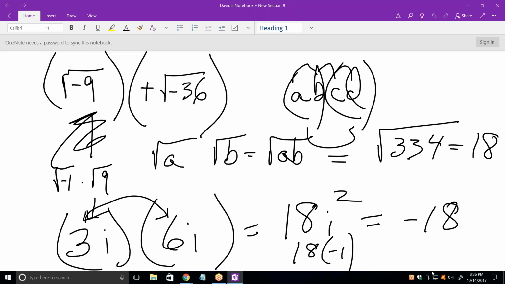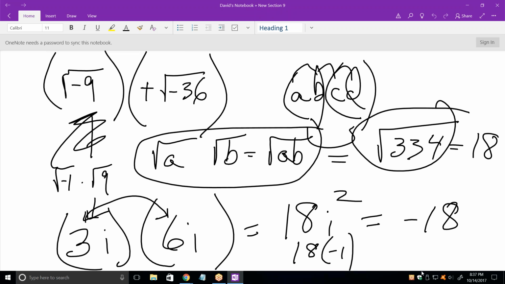So you got to be really careful here. There's some rules of math that you cannot apply when you're dealing with complex numbers. And one of them is this rule right here, the one I just circled. You can't multiply those two numbers together, turn them into a positive, and then take the square root. That's not correct. That's not the way to do it.